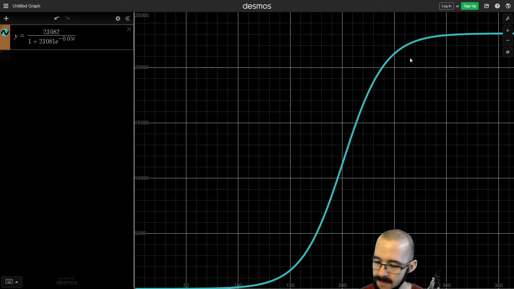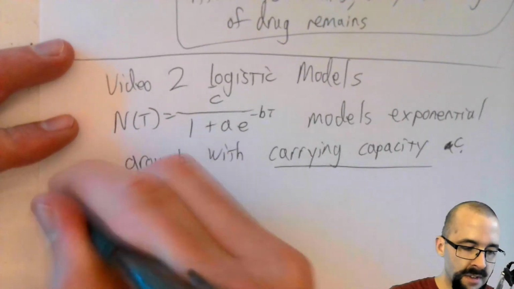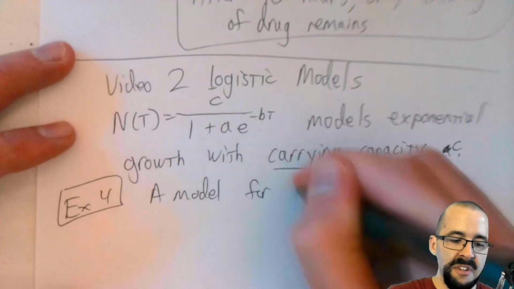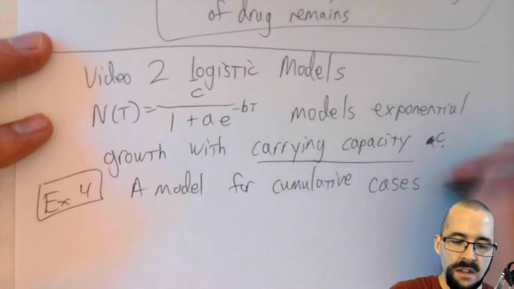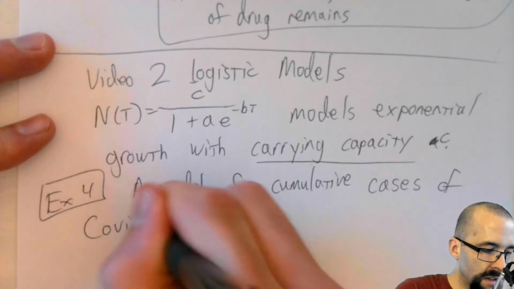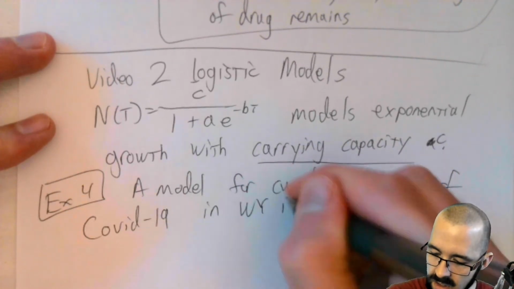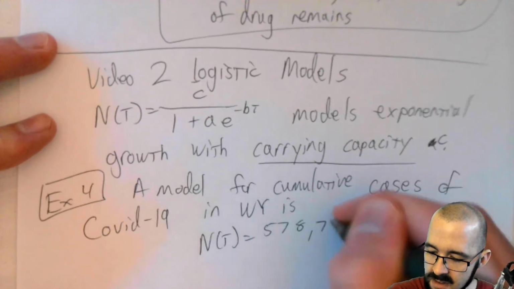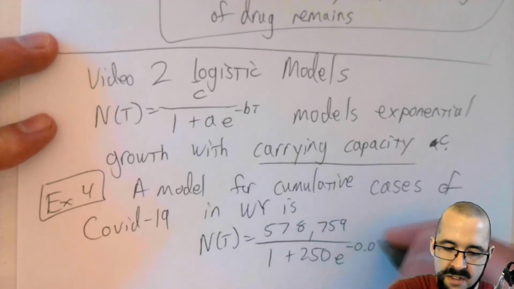So we're going to start this video with an example, specifically example number 4. A model for cumulative cases of COVID-19 in Wyoming is N of t is equal to 578,759 divided by 1 plus 250 e to the negative 0.02t.